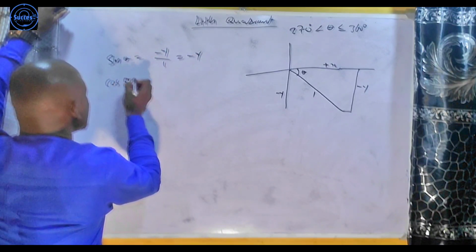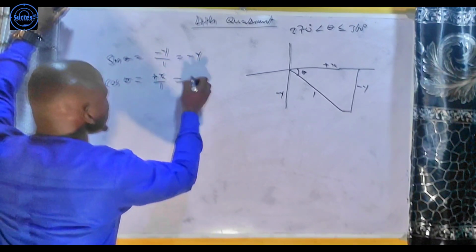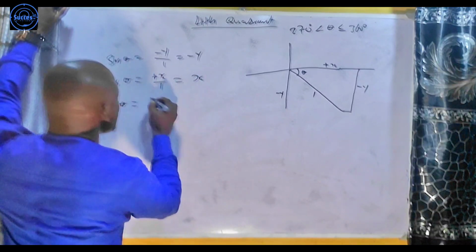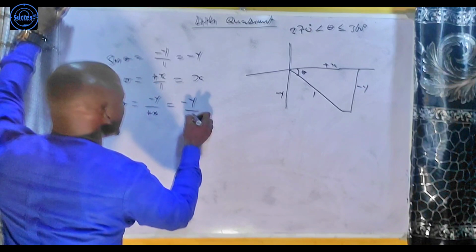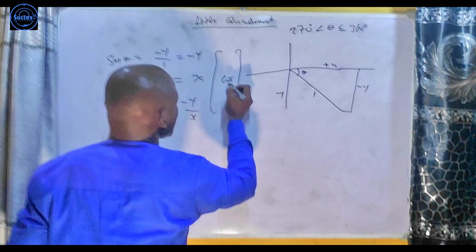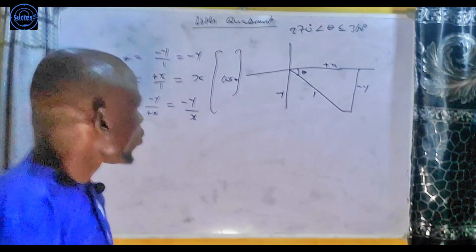Cos theta here is adjacent, which is plus x over 1, so it is x. And tan theta is opposite, which is minus y, over adjacent, which is plus x, which is minus y over x. So therefore only cos theta is positive in the fourth quadrant.